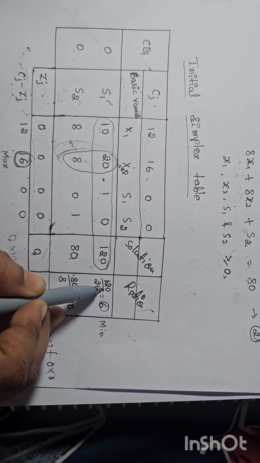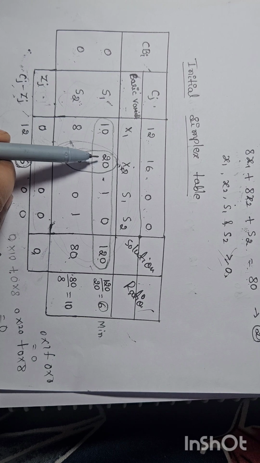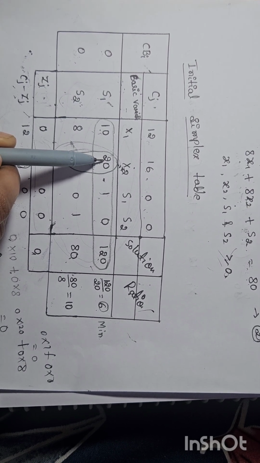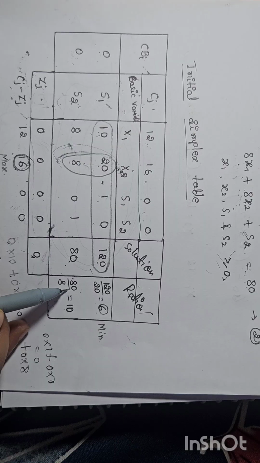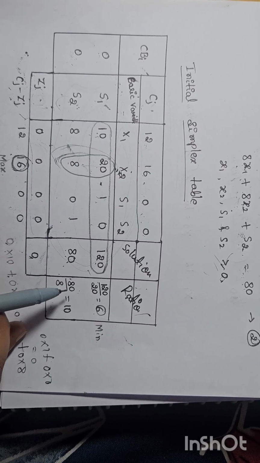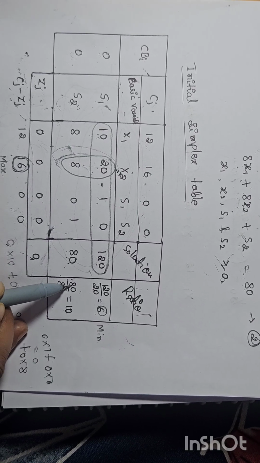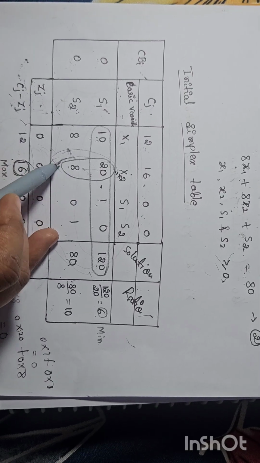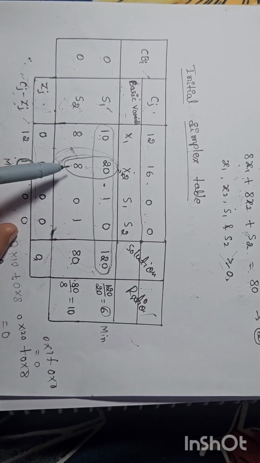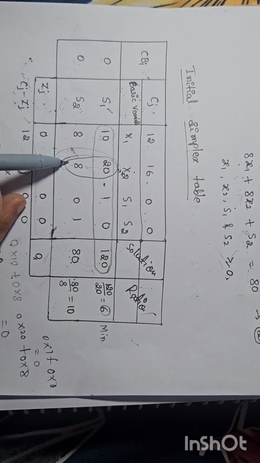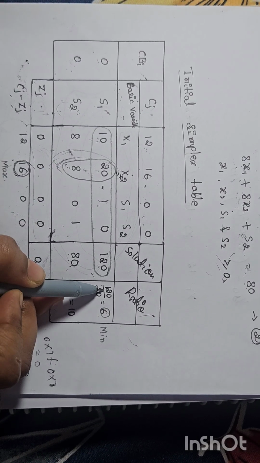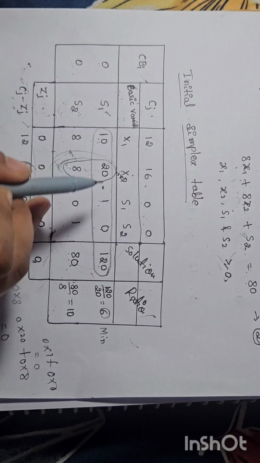We need to divide 120 by the key column element, that is 20. Similarly, for the solution 80, we need to divide by the corresponding key column value, that is 8.